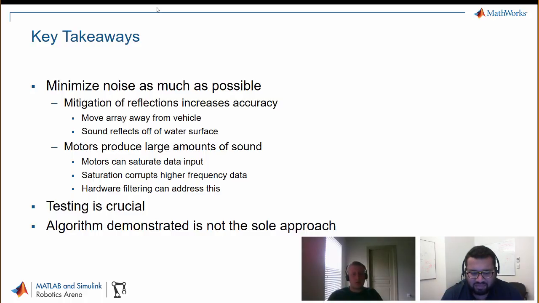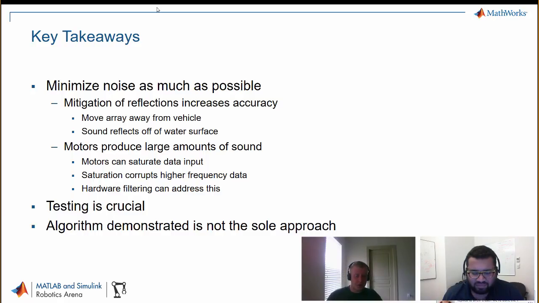This could be from mitigation of reflections, and depending on your competition, this is going to happen a bunch of different ways. For something like RobotX or RoboBoat, you're going to want to get that array below the surface of the water as deep as you can get, because the surface of the water is going to provide reflections.